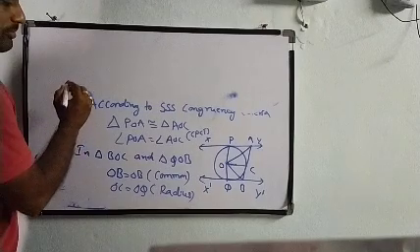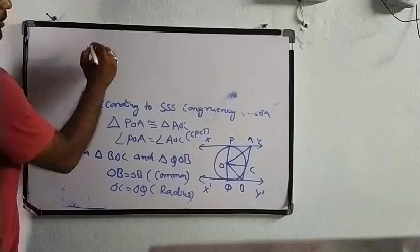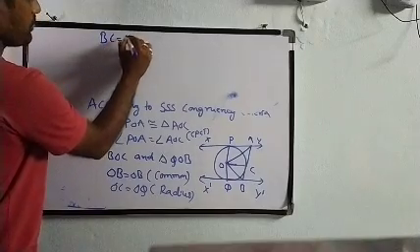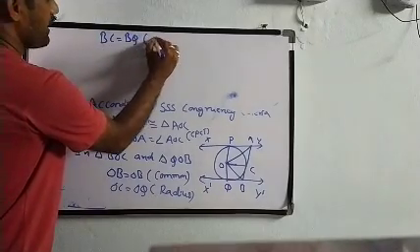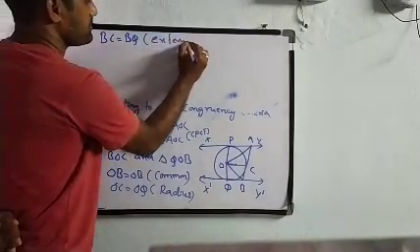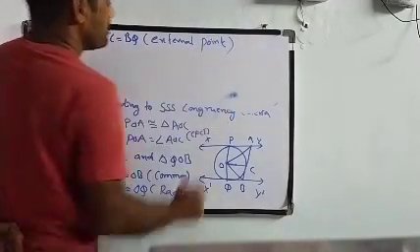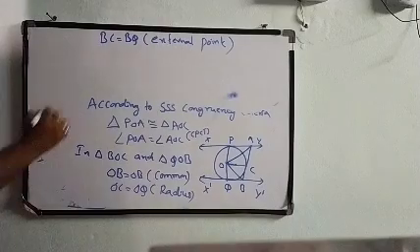Next, BC is equal to BQ, which are tangents from external point B, and tangents from an external point are equal.